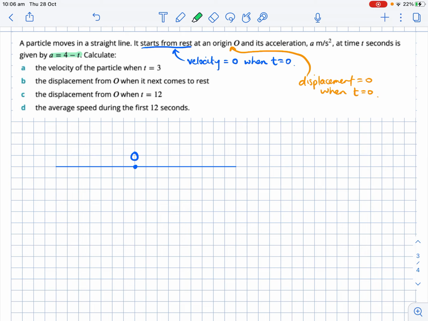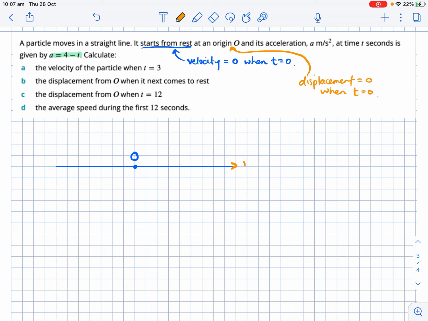And I'm asked to find the velocity. But let's just think about what's going on when we say we're moving in a straight line. So here's my straight line. If it's moving in this straight line, it's either going to be going forwards or backwards along this plane. Now I've drawn that sort of off the line to show you the idea of it moving forwards or backwards. But what we've got to remember is it's actually going in one direction. It's either going right or it's going left.